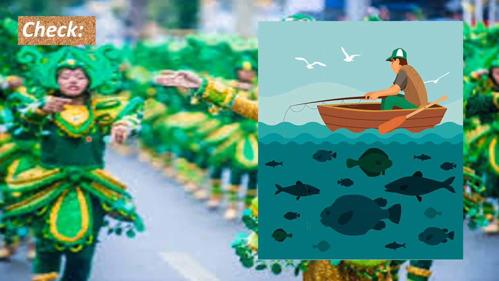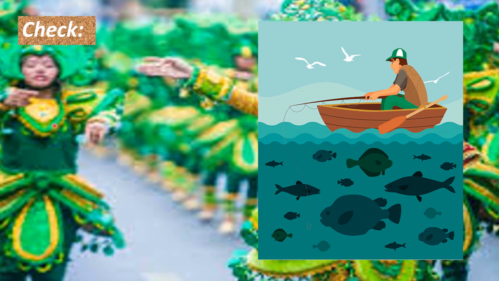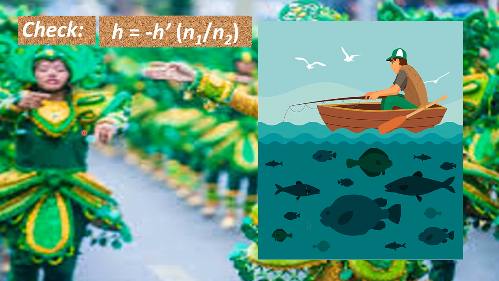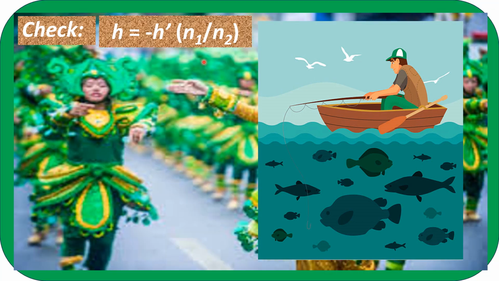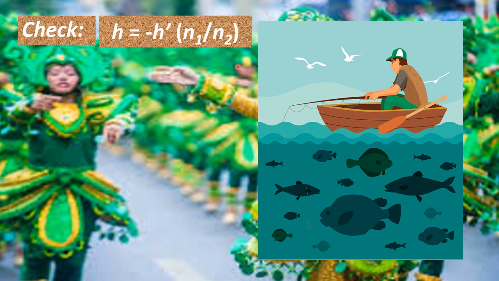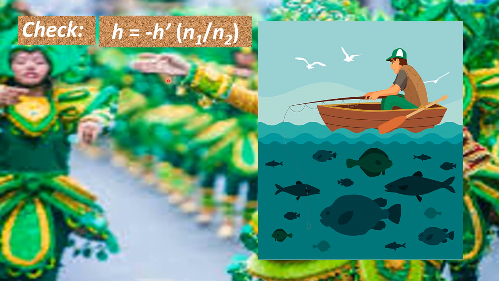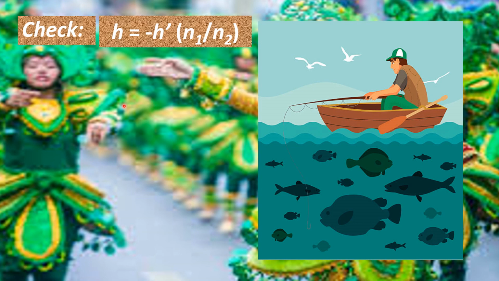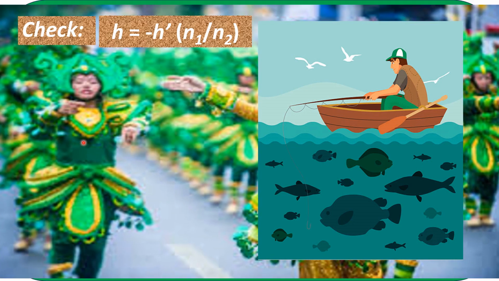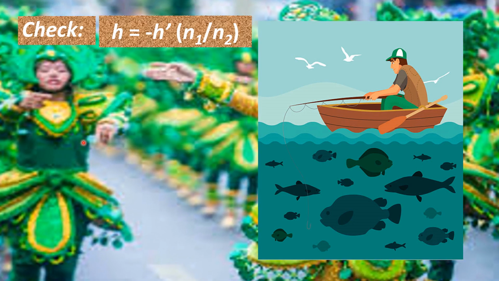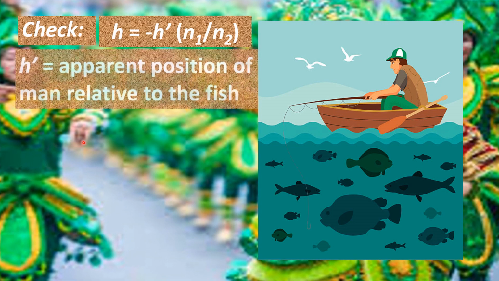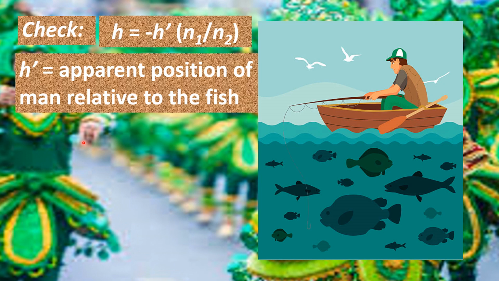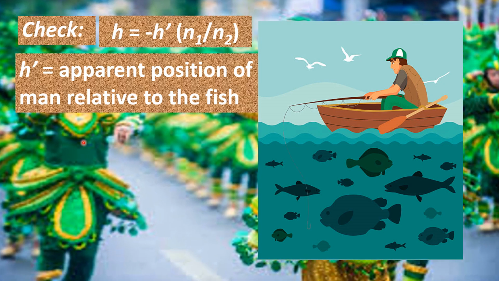Using the same modified Snell's law equation, h equal to negative h prime multiplied by the ratio n1 over n2, where h prime is now the apparent position of the man as seen by the fish, and h is the actual position of the man.